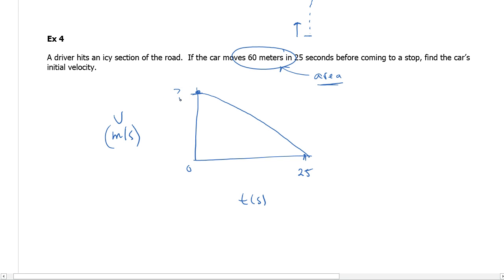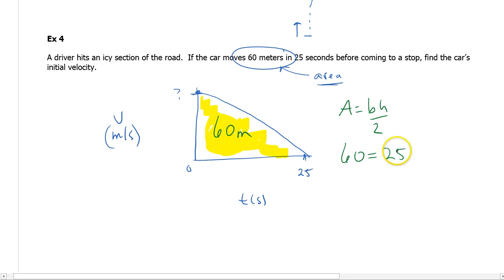So this is the part that I don't know. Okay, but this area inside, I get to color. The area inside there is 60 meters. So I'll set this up. I'll say the area of that triangle, which is base times height divided by 2, is equal to 60 meters. So 60 is equal to, now the base is 25, the height I'm really going to find out, divided by 2.